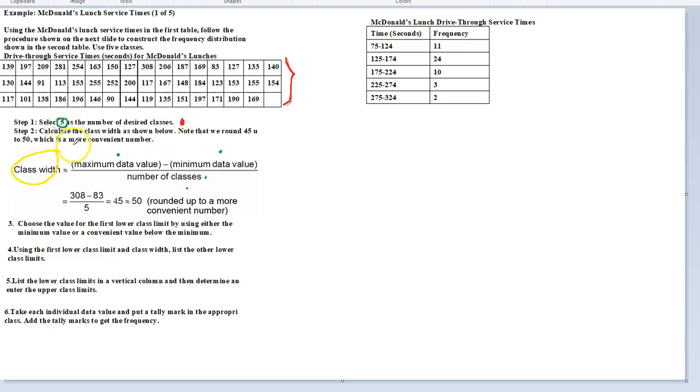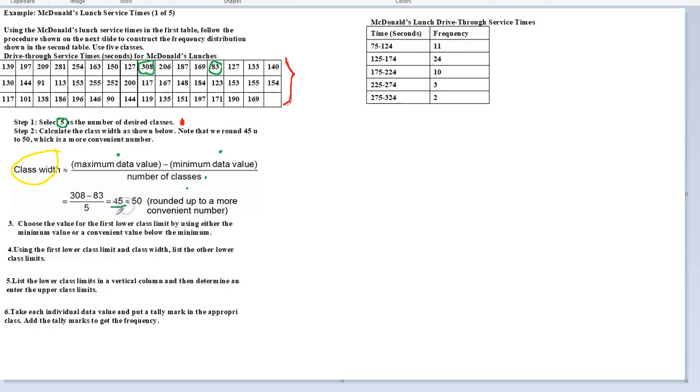So the lowest one is going to be 83 here. That means the customer got served in 83 seconds. The other one is going to be 308. You can find that over here. So 308 minus 83 divided by 5 is about 45.